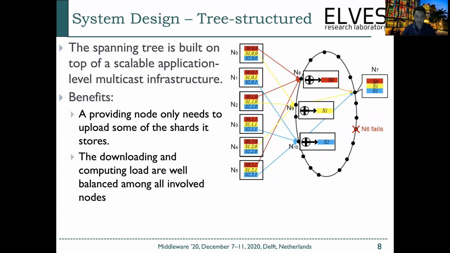The benefit is that a providing node only needs to upload some of the shards it stores. That means, as this picture shows, each node just needs to provide a partial amount of the information it stored. Meanwhile, the downloading and computing loads are well balanced among all the involved nodes.